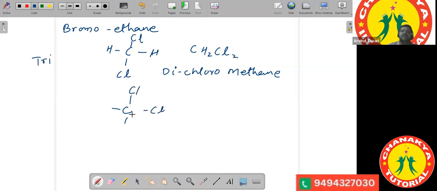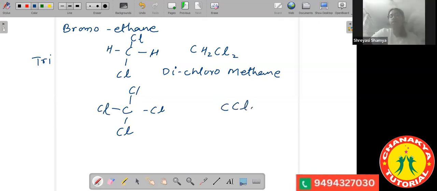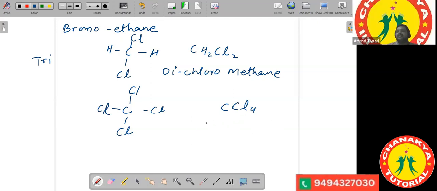So is it an organic compound or an inorganic one? This is an inorganic compound, CCl4. Inorganic, sir. Okay, this is CCl4, an inorganic compound, and it is carbon tetrachloride. It will not follow the rules of nomenclature of organic compounds.